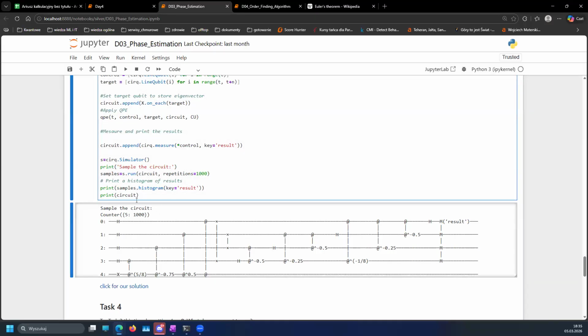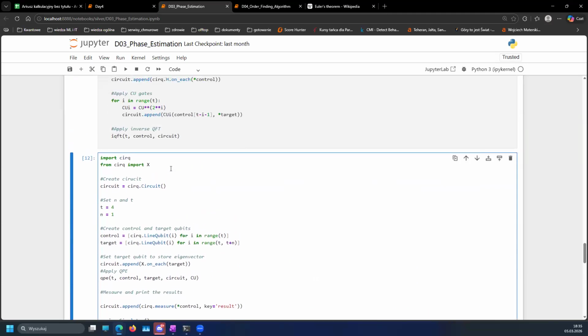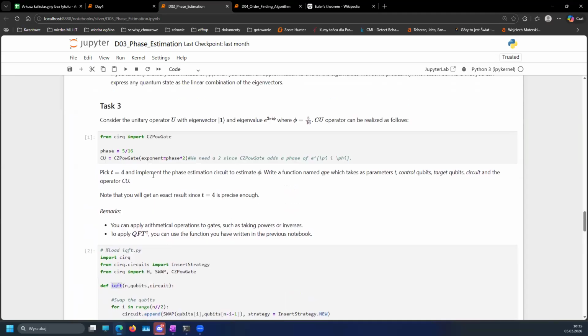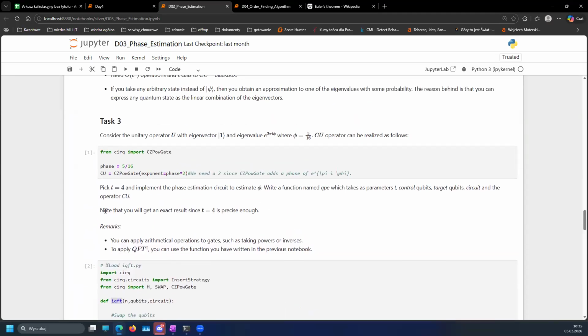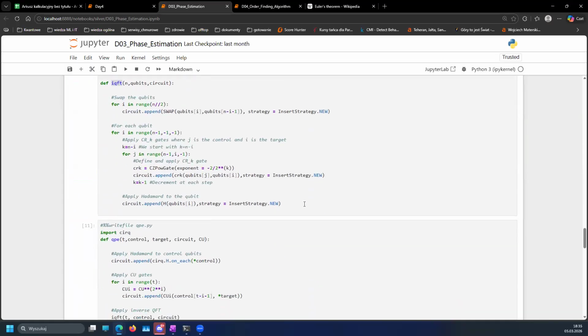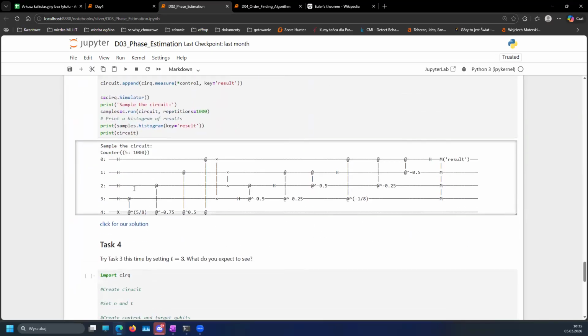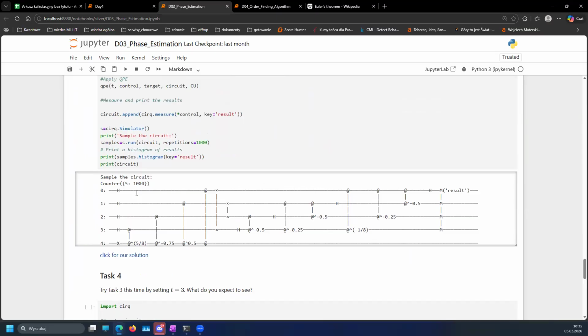And this is because we get an exact result. You can see this note that t equal to 4 is precise enough. So here we receive basically a deterministic result, which is equal to 5. And since we have 4 qubits, it's 5 divided by 16.